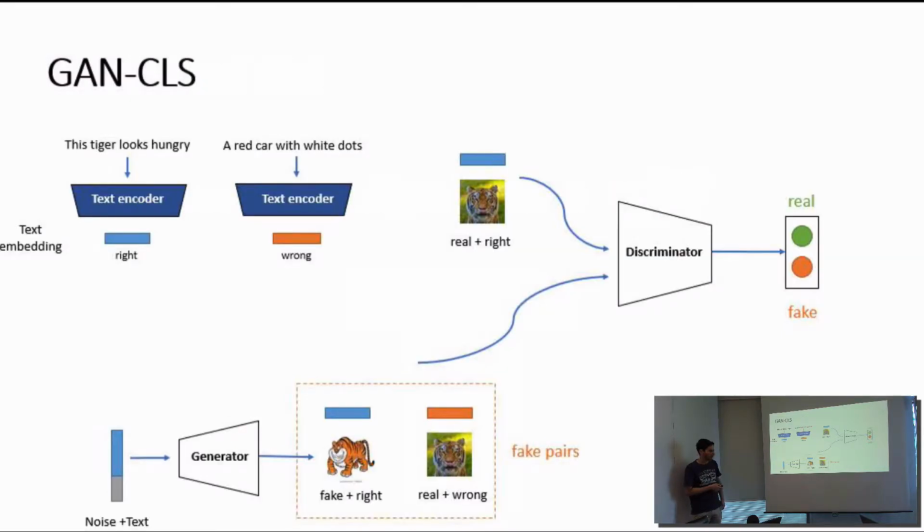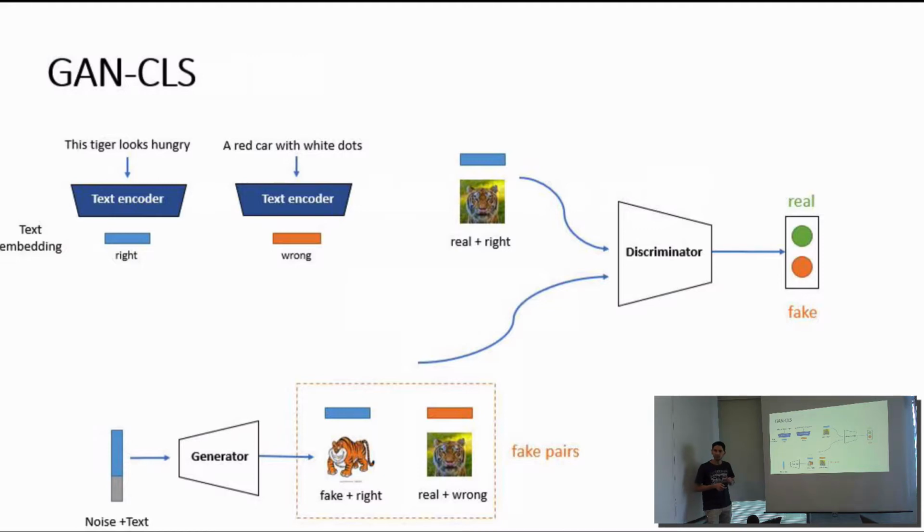During training you already have the right ones, yes. But in addition to those right ones, we provide the discriminator with an example like this, where we have a real-looking image with the wrong text. Previously, if we input a real image to the discriminator with some text, it would accept it as real. But if we add this kind of example, we encourage the discriminator to check whether the text aligns with the image or not.